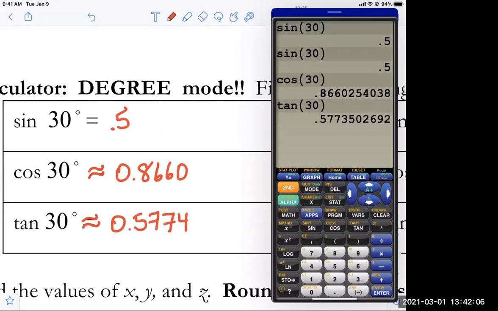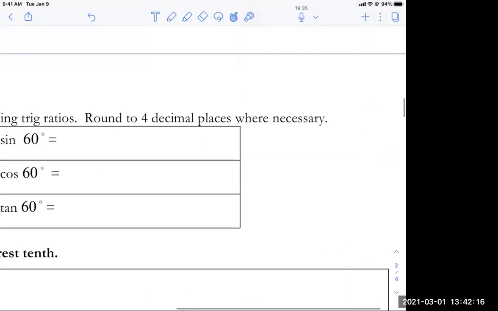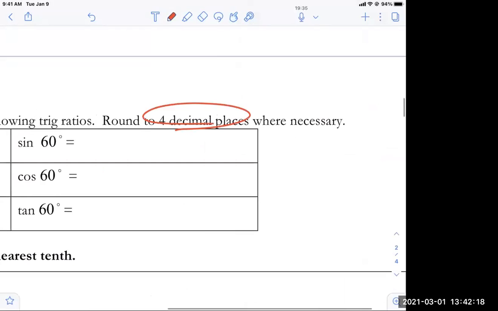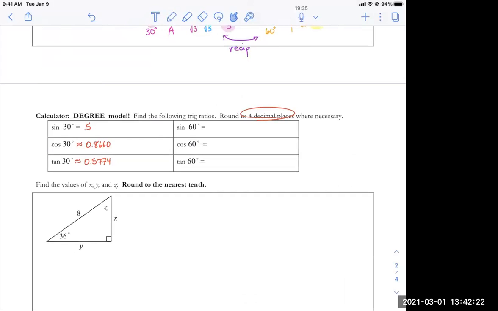I have a question. Yes. Do you want these in decimals, or can they be in fractions too? They should be in decimals because on this problem, it's asking you to round to 4 decimal places. Okay. There's something special about this problem, why it might give you fractions. But yeah, that's a good question too.